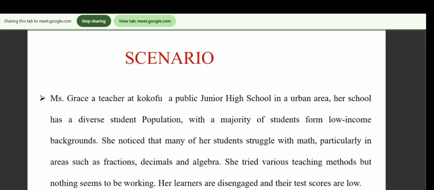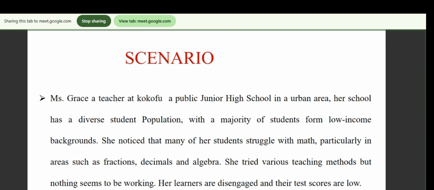With a majority of students from low income backgrounds, she noticed that many of her students struggle with math, particularly in the areas such as fractions, decimals, and algebra. She tried various teaching methods, but nothing seems to be working.